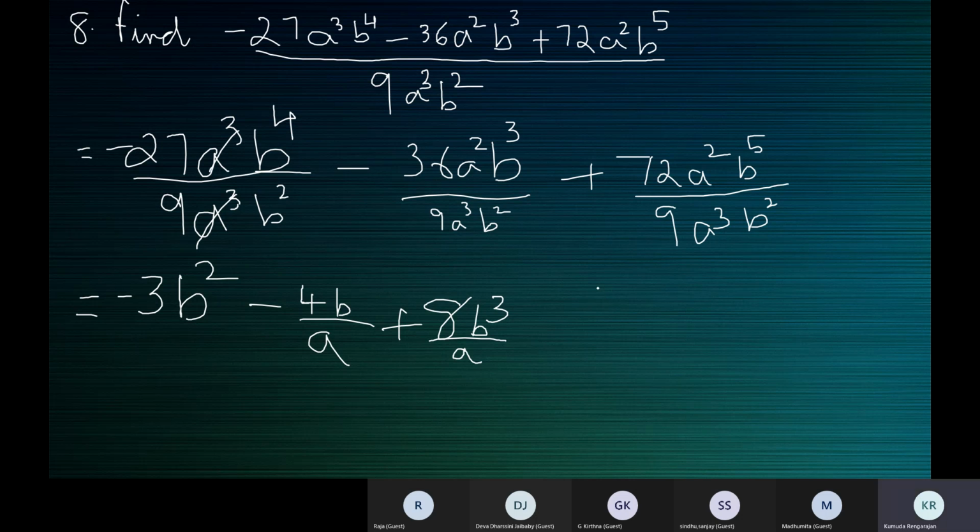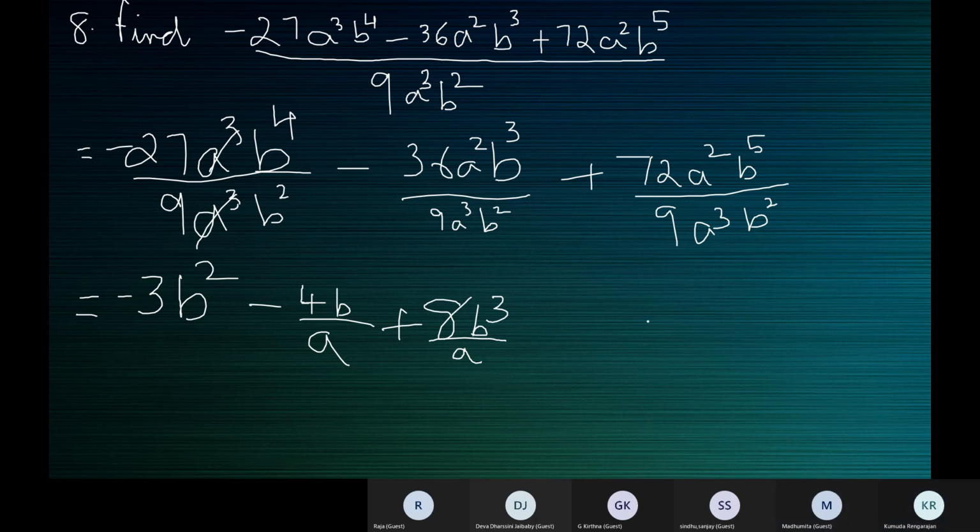Yes, children, please ask me your questions. Ma'am, I have no doubts in this. Okay, actually, when you use the law of exponents, you will get a to the power 2 minus 3, which is a to the power minus 1. If it is a to the power minus 1, in the numerator, bring it to the denominator, it will become a to the power 1.